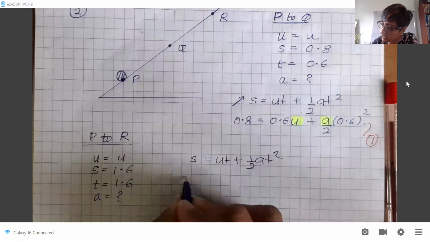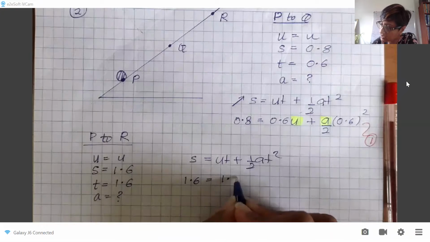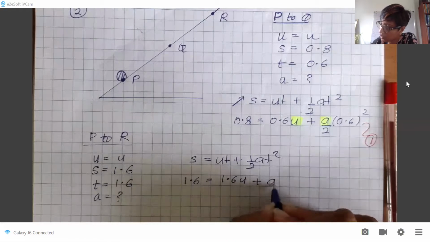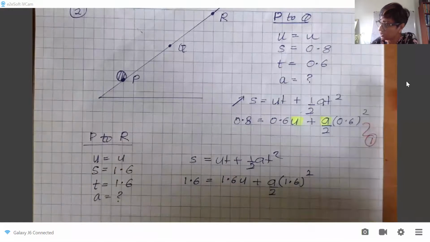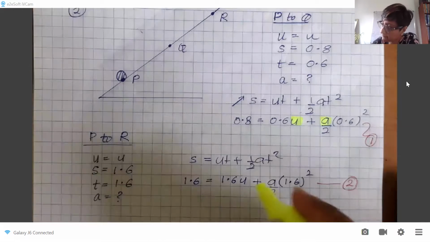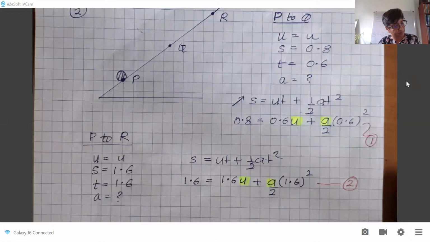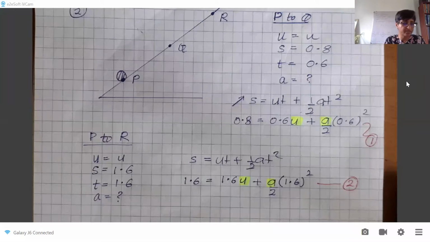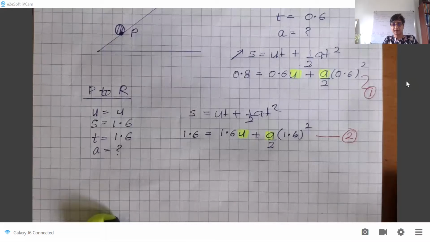So S is 1.6, ut, 1.6 U plus A over 2 1.6 squared. That's my second one. Now, can you solve these 2 and find U and A? In part 1, show that the deceleration is this and hence find U. So you have to necessarily find U and A. I will give you time to solve these 2.